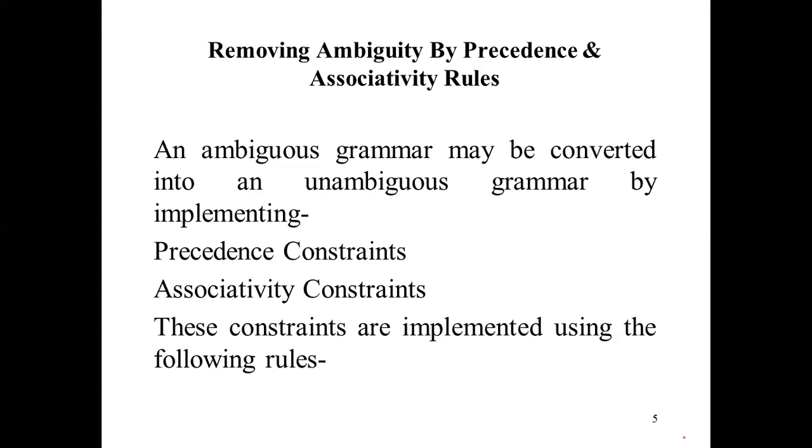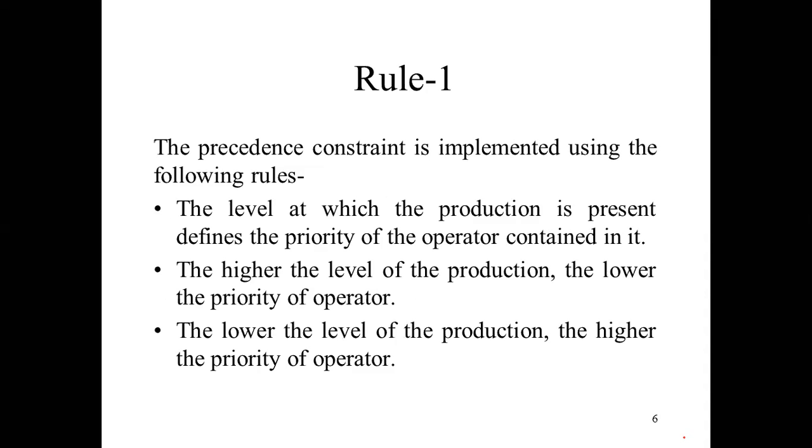And precedence, we are providing more priority to the divide sign over the plus and minus. Such types of rules we use in this grammar too. And these constants are implemented using the following rules. So there are again a few rules. By using those, we can apply the precedence constants as well as the associativity constants. So what is rule one? The level at which the production is present defines the priority of the operator contained in it.